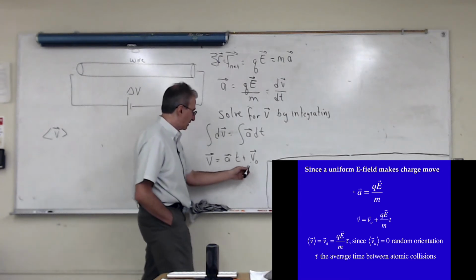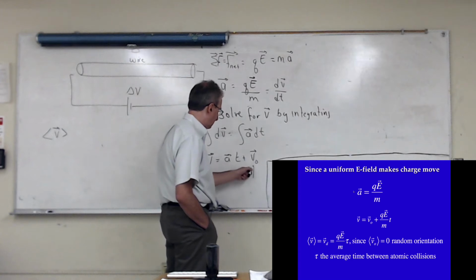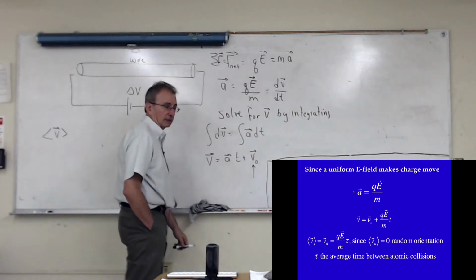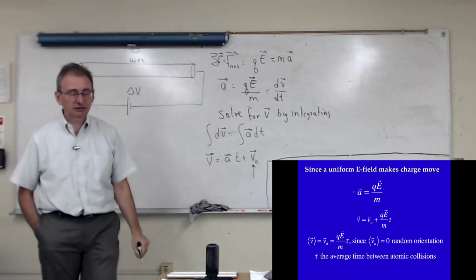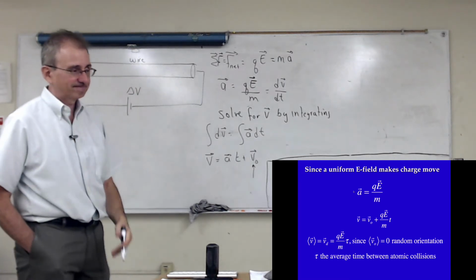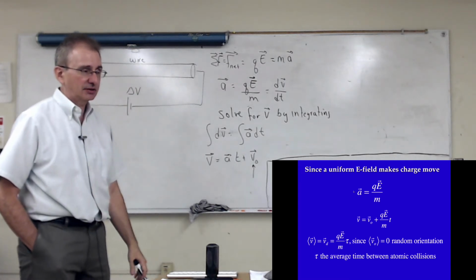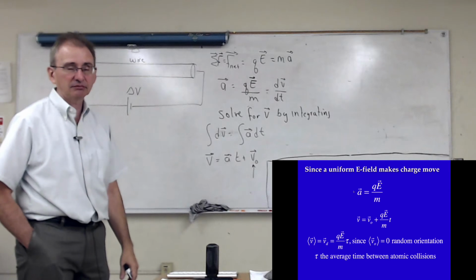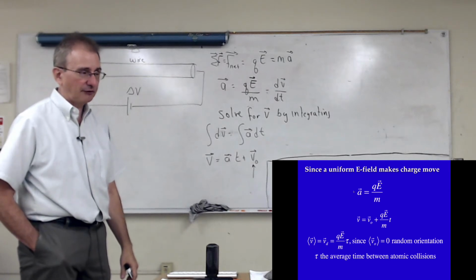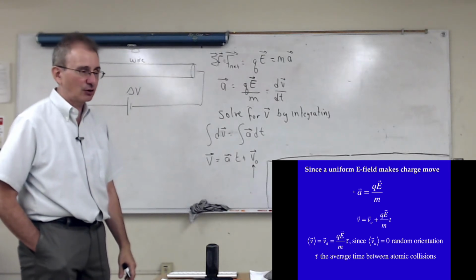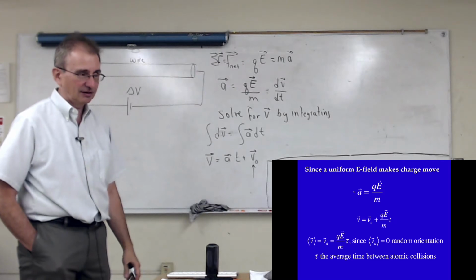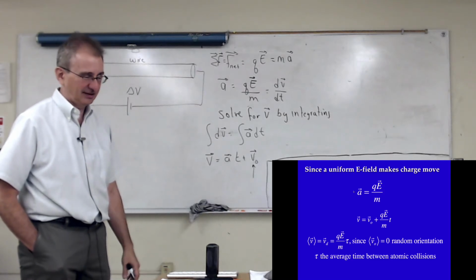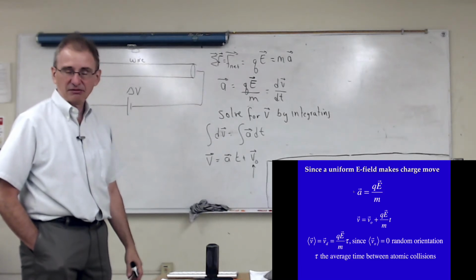Now, what is the average of this thing, the initial velocity? If I have a whole bunch of electrons in a wire, the initial velocities of all the electrons are pretty much random. If you average out vectors that are randomly oriented, what are you going to get? You're going to get 0.